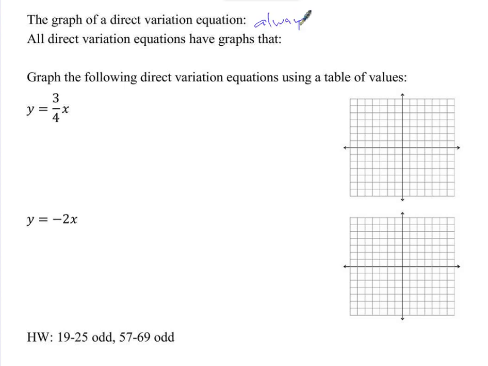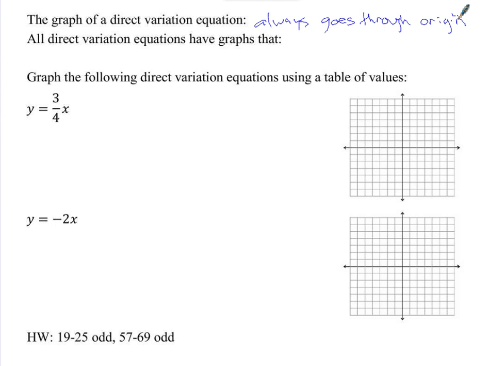Always goes through something in particular. What? The origin. If it's direct variation and you graph it, it will go through the origin every single time.